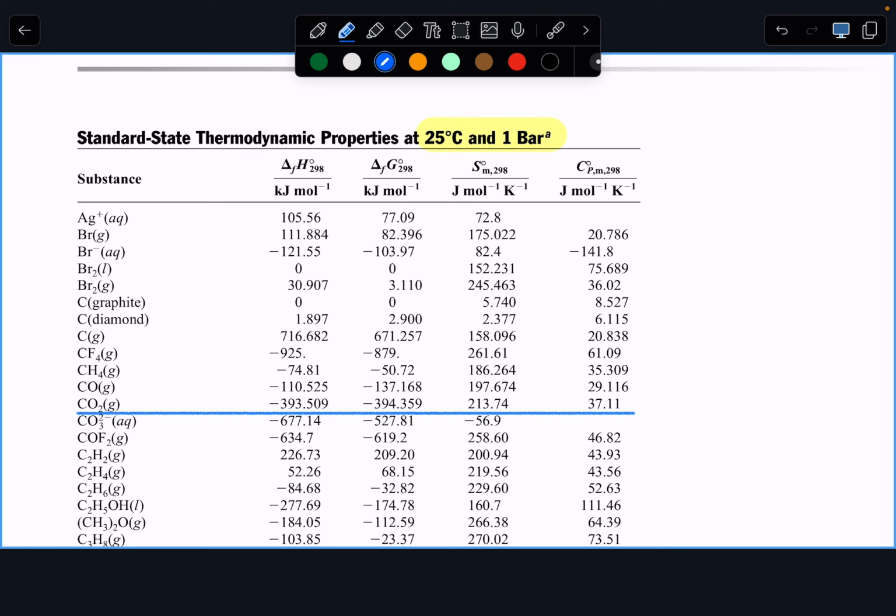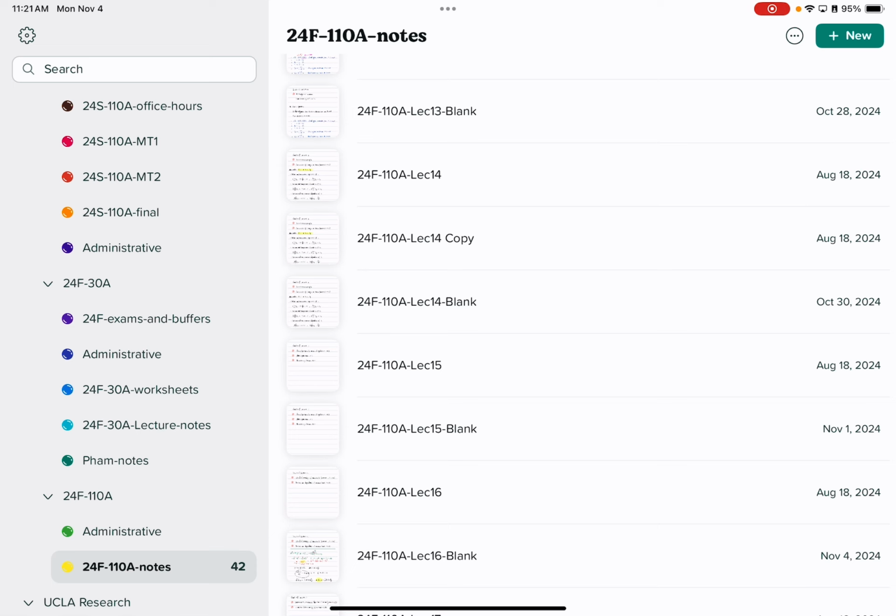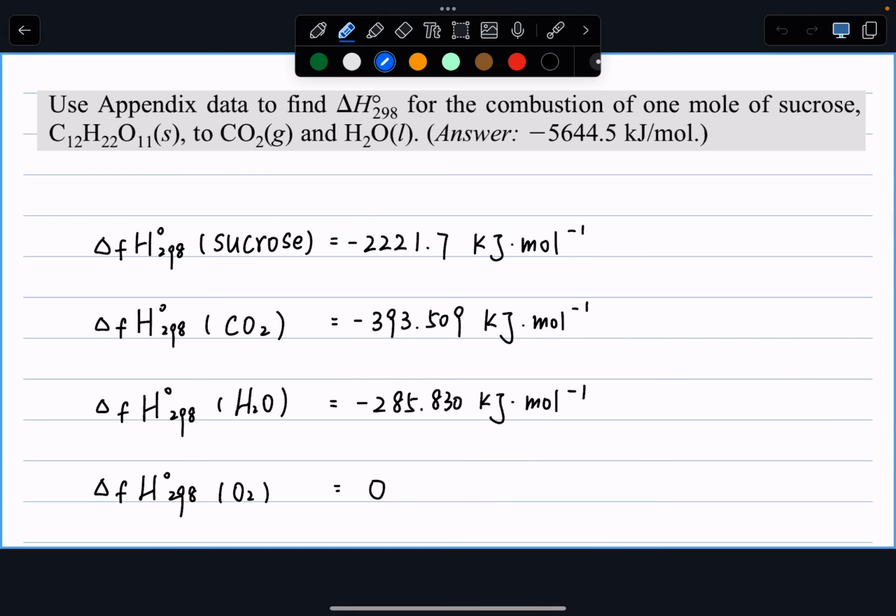That's the biggest drawback: don't go too fast and get the incorrect phase. But nevertheless, from there, we end up getting the numbers plugged in. That's your 12 times negative 393.509 plus whatsoever.